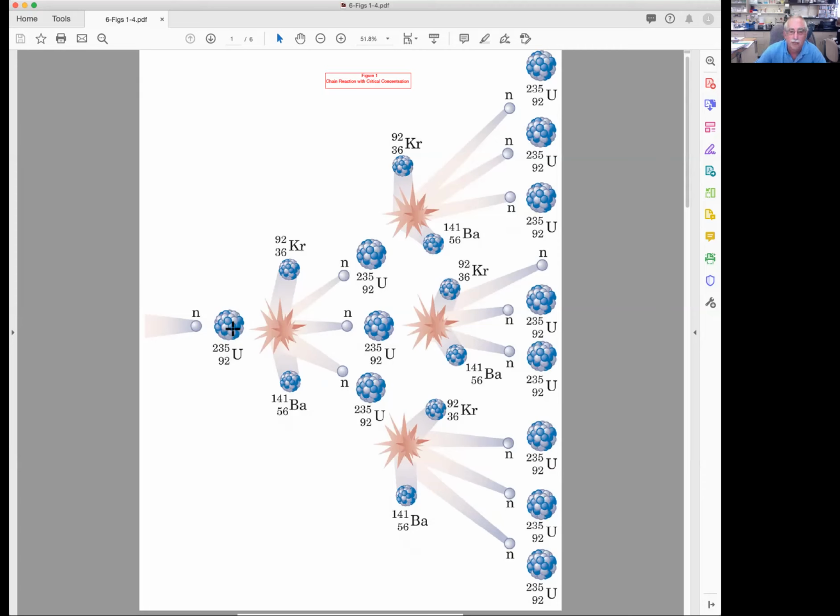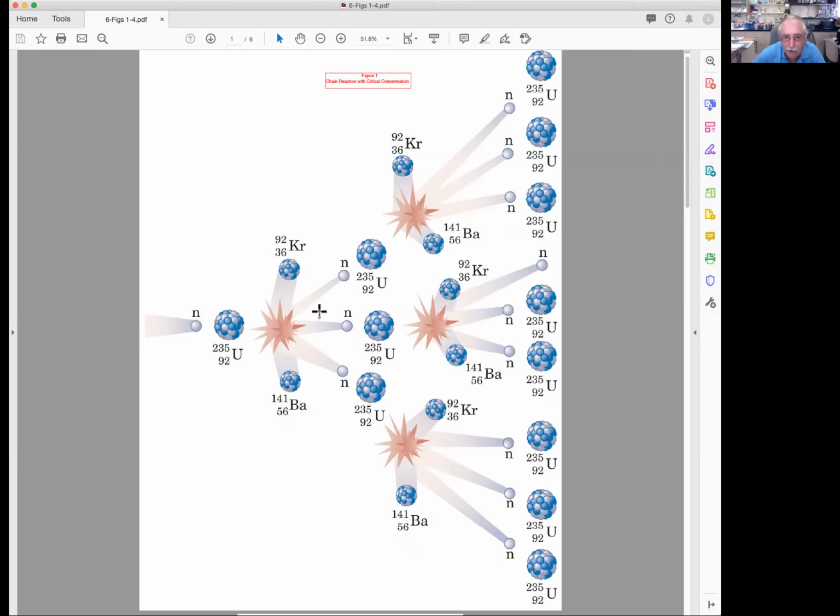So you have a huge unstable nucleus, you trigger the reaction by hitting it with a neutron. This is a non-spontaneous event. So then it goes through fission, splits into krypton-92 and barium-141. At the same time, it gives off 3 neutrons. But what do those neutrons do?